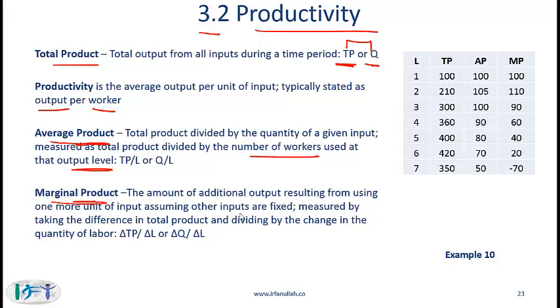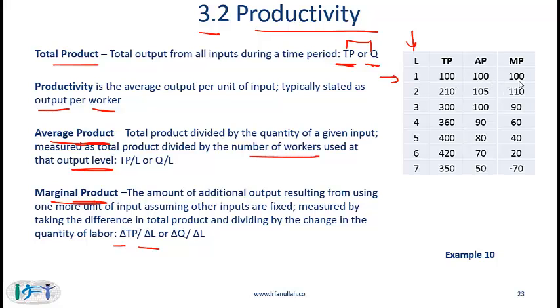And again, we generally change labor. So we say one more unit of labor produces a certain amount of additional output. That would be the marginal product of labor. The formula would be change in total product divided by change in labor. And if you look at some simple numbers here, this column is the number of units of labor. If you have 1 unit of labor and the output is 100 widgets, the average product is 100 over 1.